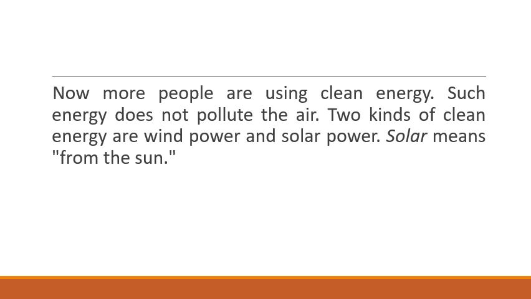The first one is called wind power, طاقة الرياح. And the second one is called solar power, which is الطاقة الشمسية. And in this paragraph, we explain the meaning of the word solar. And solar here means it comes from the sun. Let's now move to the next slide and next paragraph.